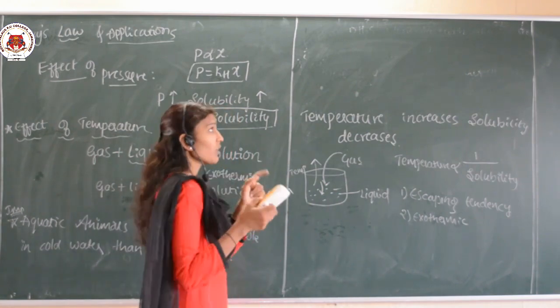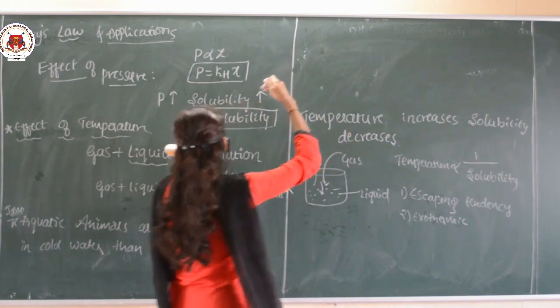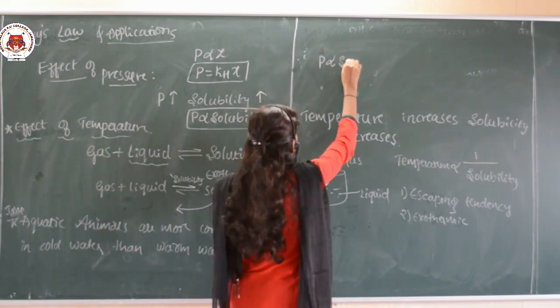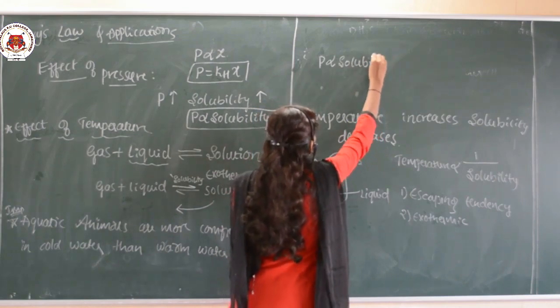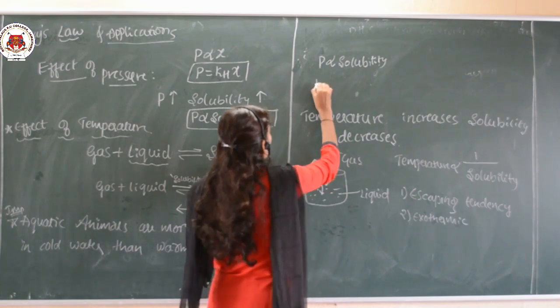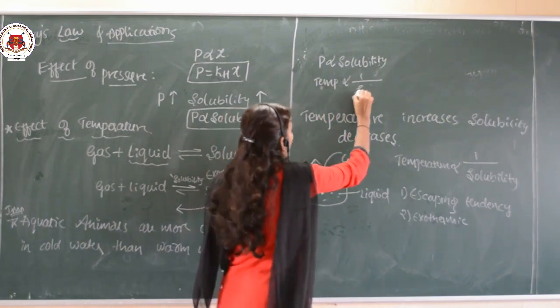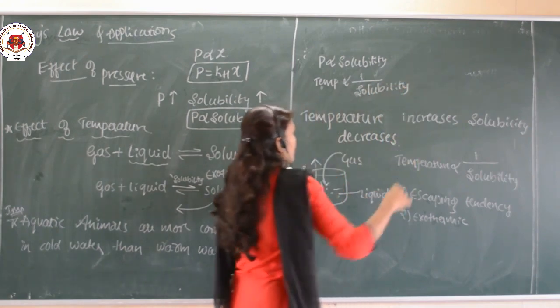So keep in mind, write a note somewhere, take a heading: solubility of a gas in liquid, where the pressure is directly proportional to the solubility, while the temperature is inversely proportional to the solubility.